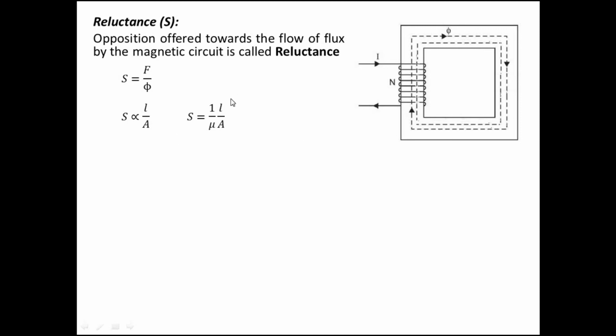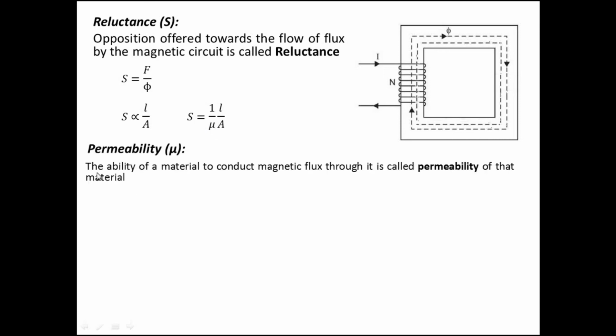Rho is the proportionality constant, where rho is the resistivity of the material. Here S equals 1 by mu, L by A. Mu is the permeability, the easiness by which the material allows the flux to flow. It is defined as the ability of a material to conduct magnetic flux through it.